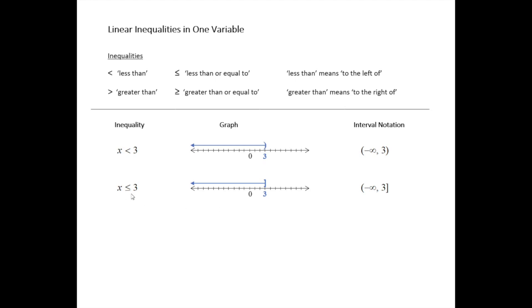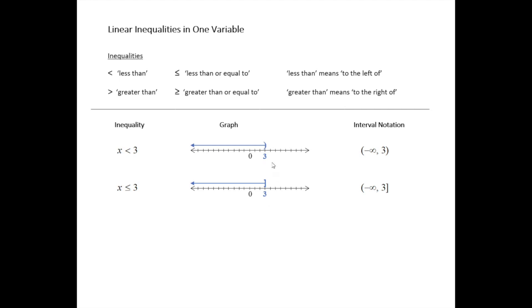X less than or equal to 3 would include all the numbers less than 3 or equal to 3. So here we have all the numbers to the left of 3 highlighted on the number line, and we use a square or closed bracket to indicate that the 3 is included in this set.